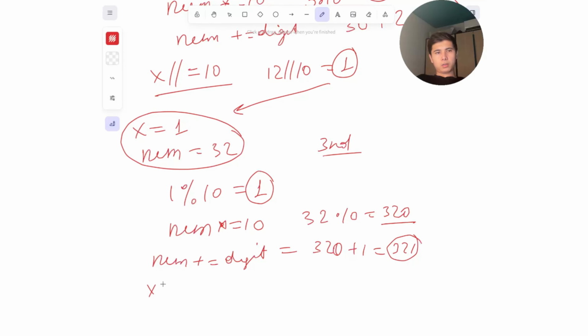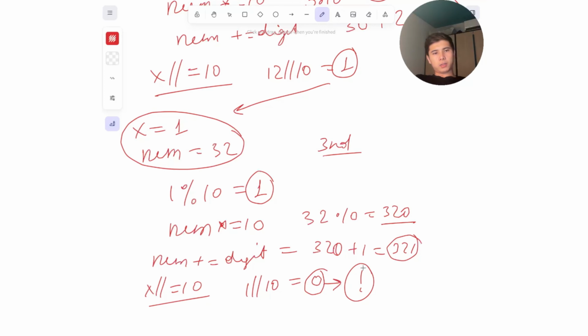And the last one, x integer division by 10, 1 divided by 10 becomes 0, and when the remaining number part becomes 0, our loop needs to stop.